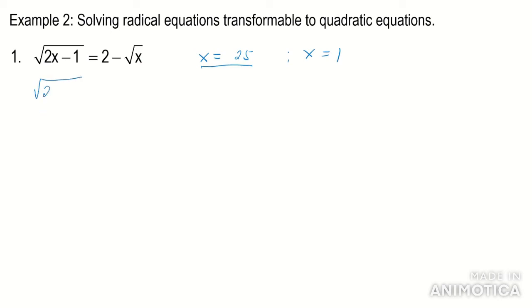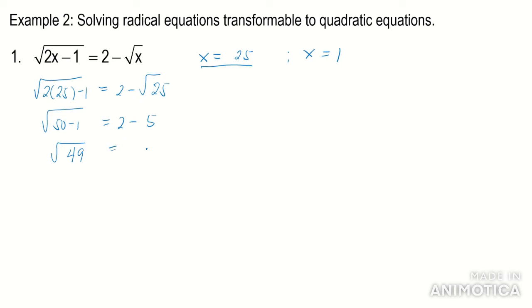So you have 2 times x, which is 25, minus 1 is equal to 2 minus square root of 25. You have 2 times 25 is equal to 50, minus 1, is equal to 2 minus square root of 25, which is 5. You have now square root of 50 minus 1 is equal to 49.